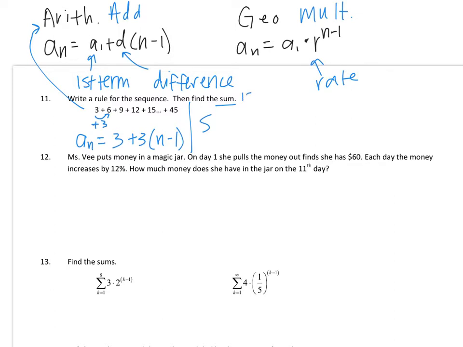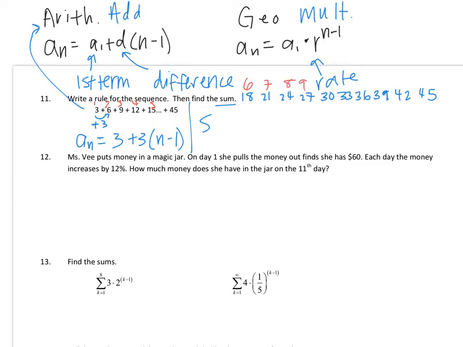So 15, 18, 42, 45. All right, so 1, 2, 3, 4, 5, 6.